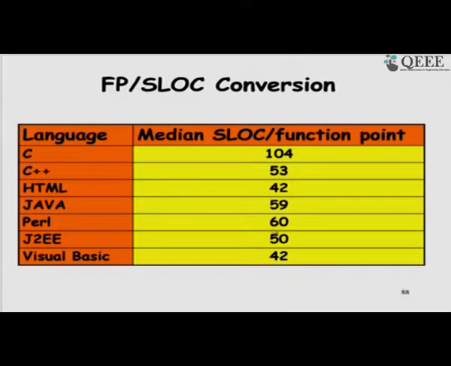There are small variations in the results produced, but more or less they converge to this kind of values. So, for C language, to implement one function point we need about 100 lines of code, C++ about half of that, 53, HTML if it is a user interface 42, Java 59, Perl 60, J2EE 50 and Visual Basic 42.